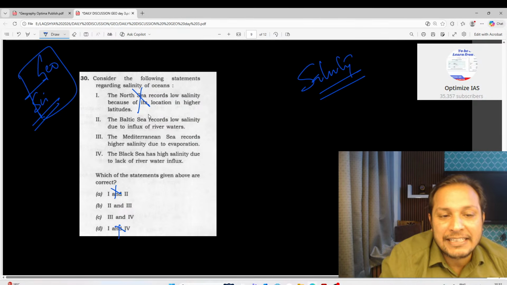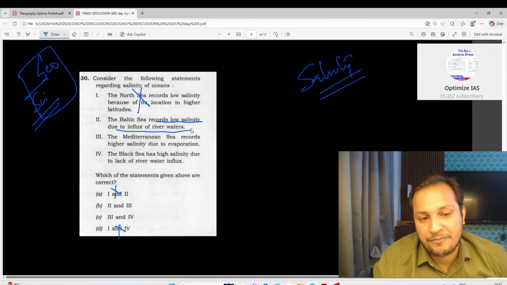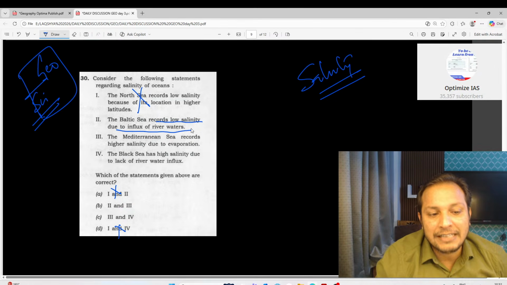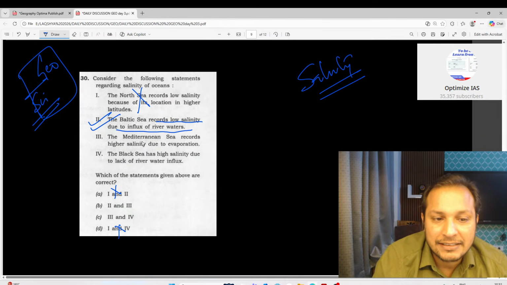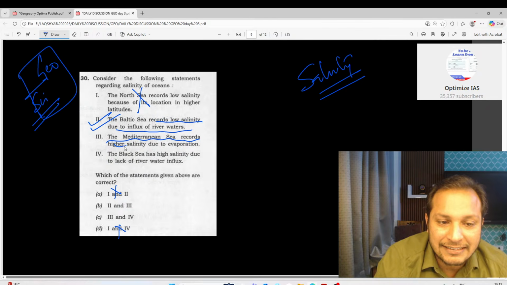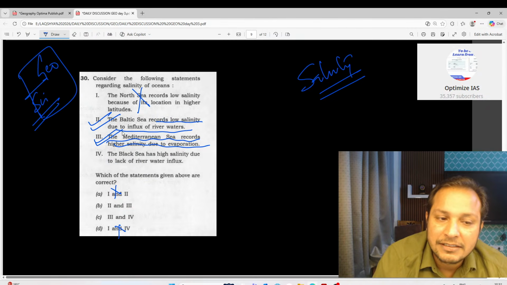Baltic Sea records low salinity due to influx of water. Yes, statement 2 is correct. The Mediterranean Sea records high salinity due to evaporation. Statement 3 is also correct. Four: the Black Sea has high salinity due to lack of reverse influx.